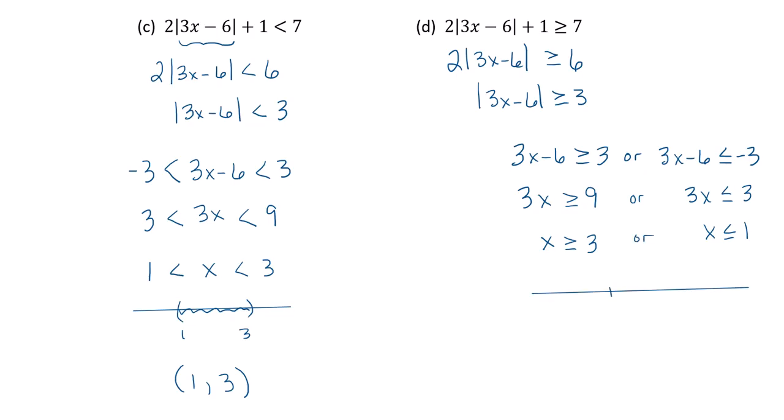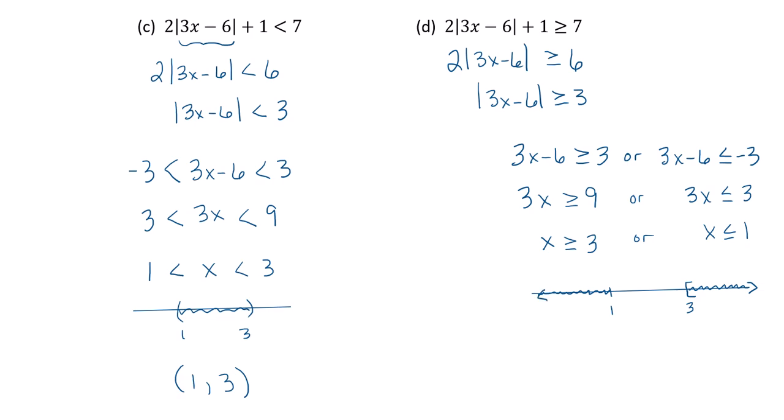It might be a little more difficult to picture what's going on. So even if the question does not ask for a graph, it's still a good idea to do it so you can picture what this is and get it into interval notation a little easier. I have x's greater than or equal to 3, so we want numbers in this interval, square bracket, or x is less than or equal to 1.